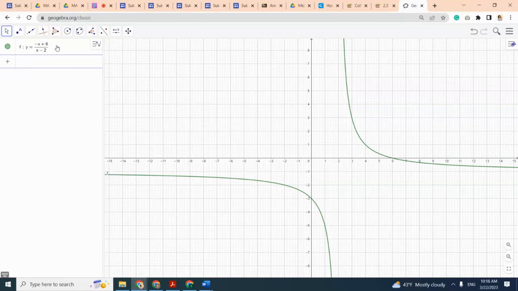This is the actual graph. We are looking for when y is negative. You see, this piece is negative. So therefore, x is from minus infinity to 2. And you don't include the 2 because we have a vertical asymptote. It's approaching this line, but never goes across it. And then here, less than 0 is this piece, not including that point.